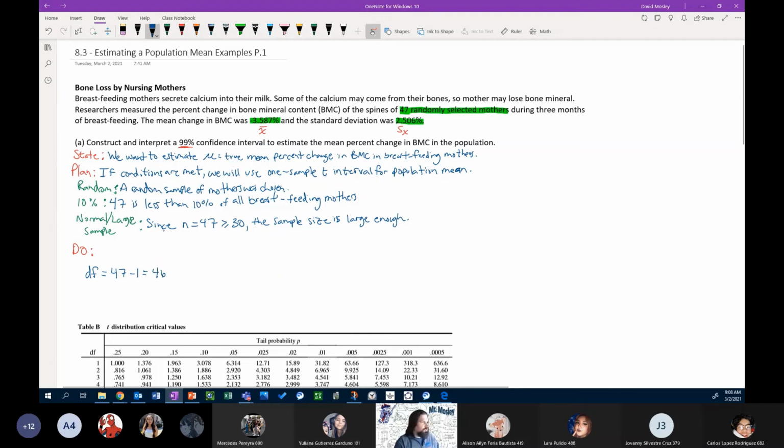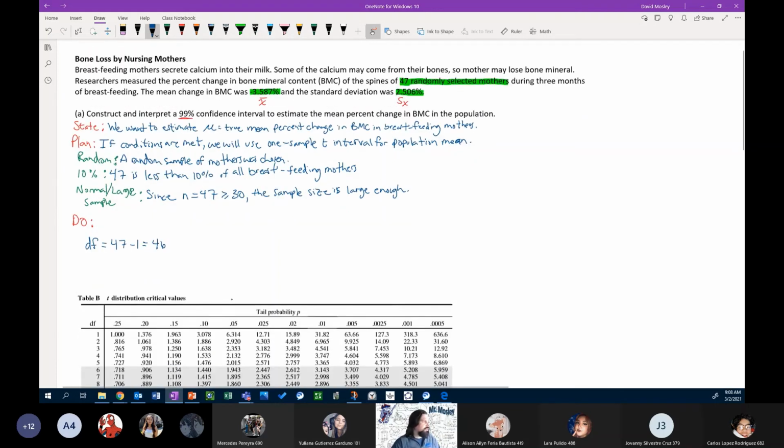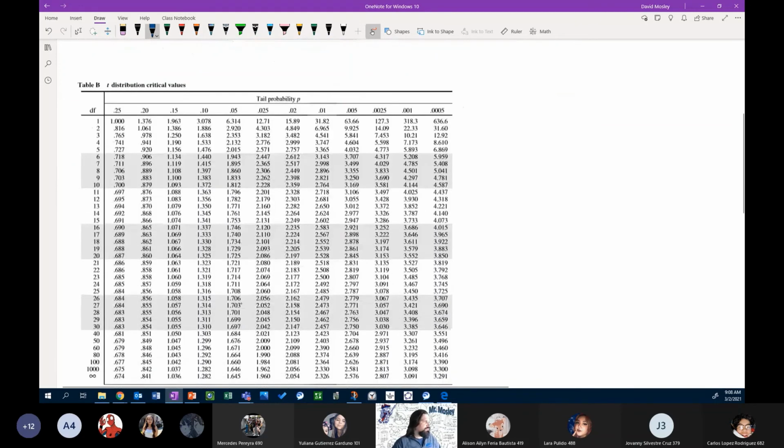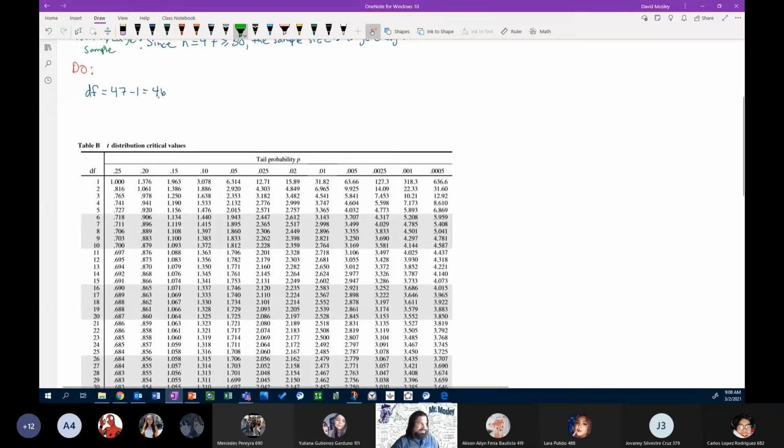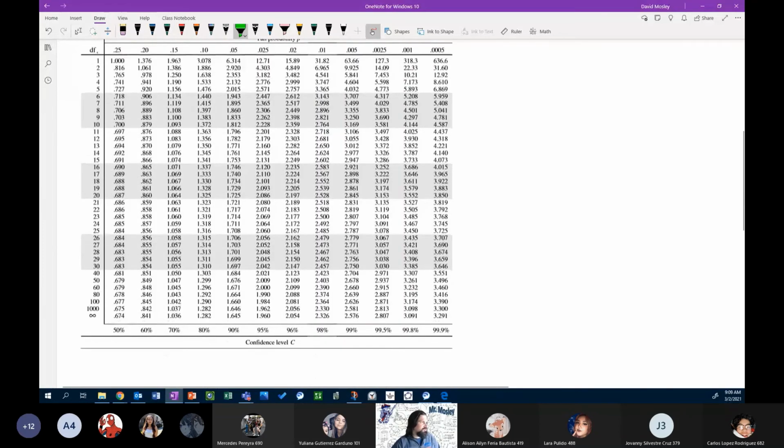We're also dealing with a 99% confidence interval, so that's what we're going to find on table B. 46 does not exist as a degree of freedom on table B, but we can't overestimate at 50, so we will use 40.